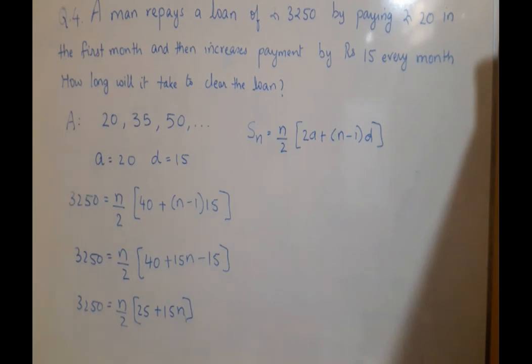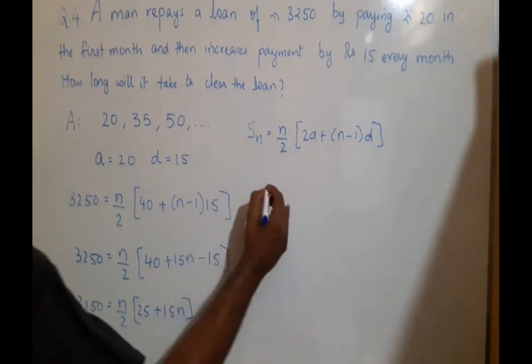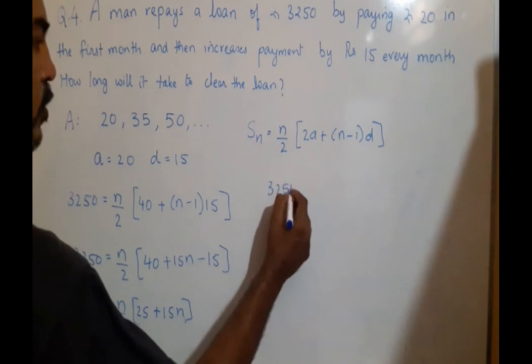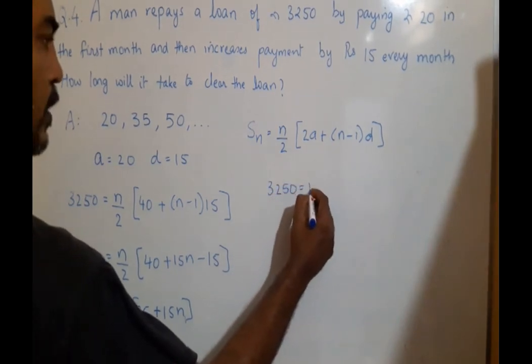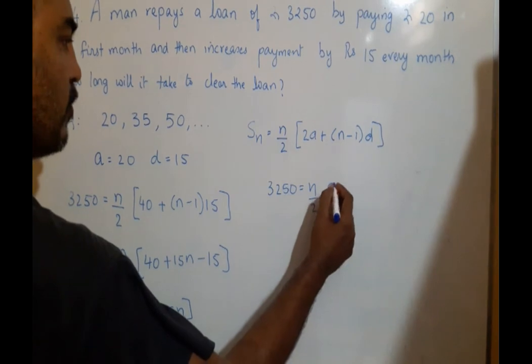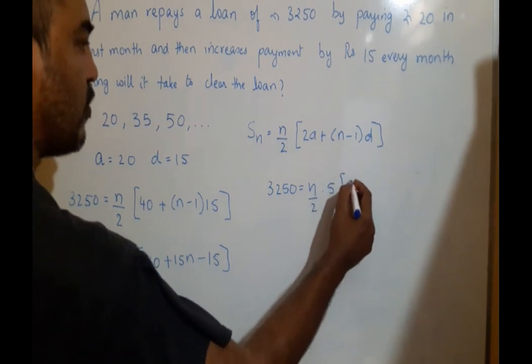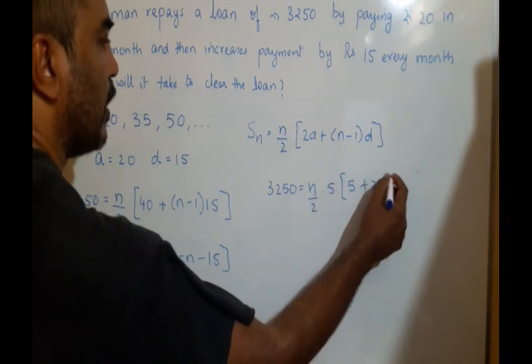So we'll do the same that we did before. What had we done before? We'll take out 5 common from here. So 3250 equal to n by 2, the 5 we take out common, we get 5 plus 3n.